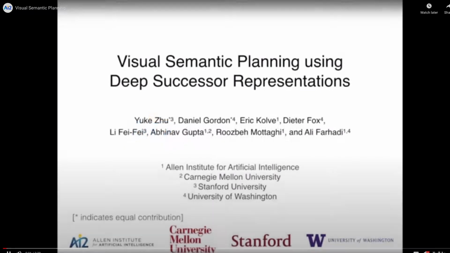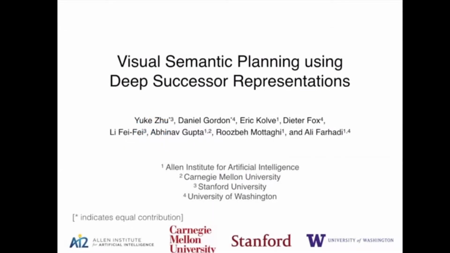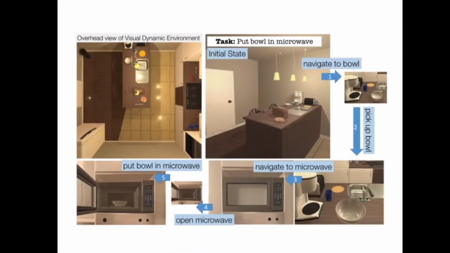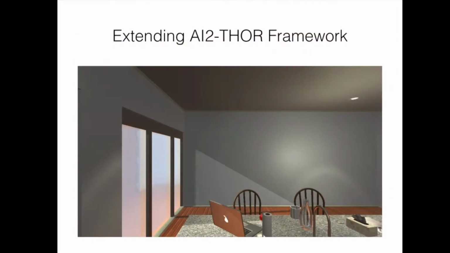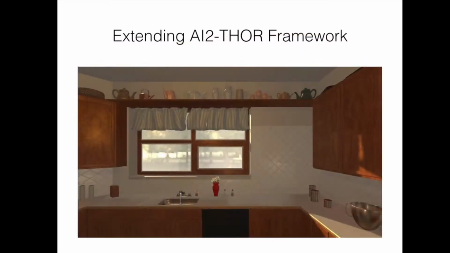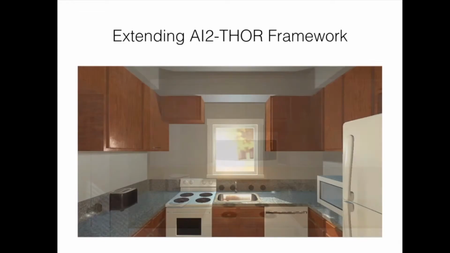In this video, we introduce our work Visual Semantic Planning using deep successor representations. Given a task and an initial configuration of a scene, our goal is to learn a sequence of actions to complete this task. We explore complex, multi-step tasks such as finding a bowl in a kitchen and putting it in the microwave. We extend the AI2 Thor framework to enable rich interactions with objects.